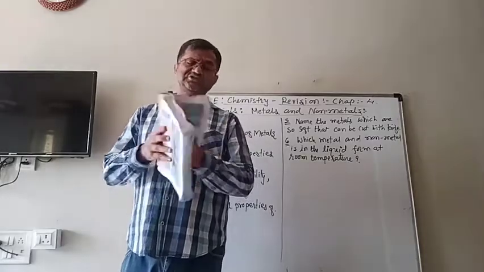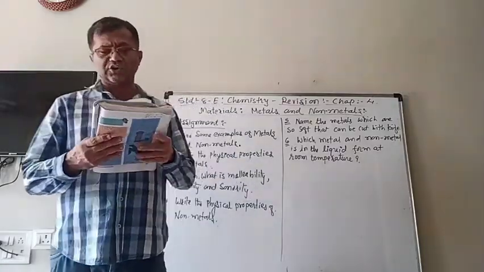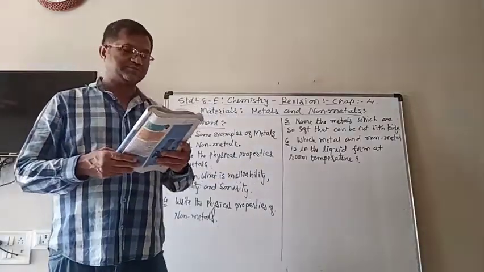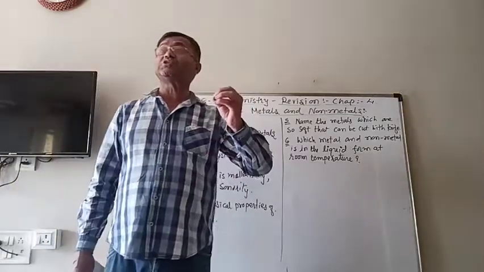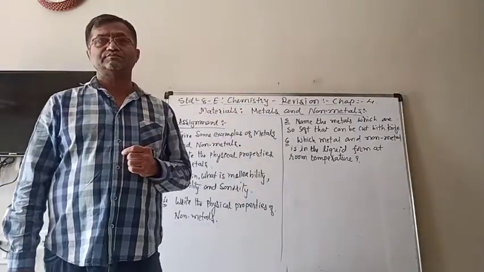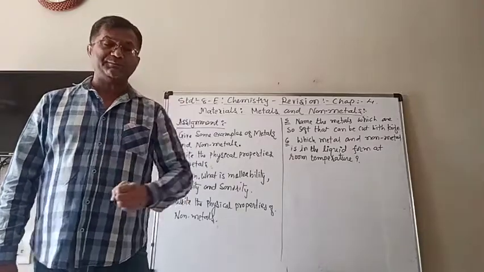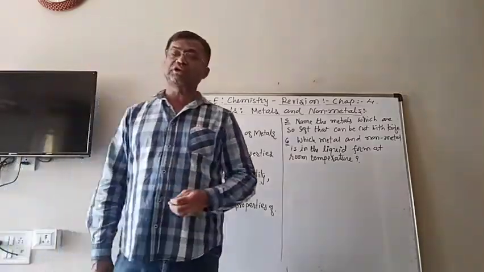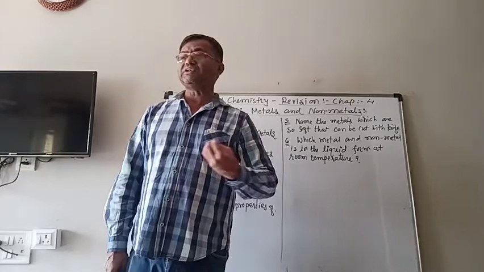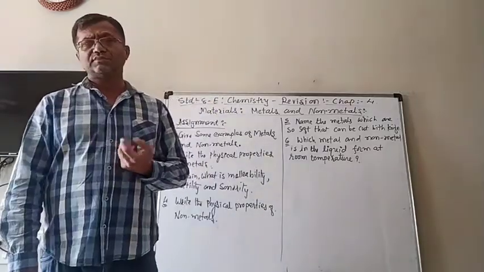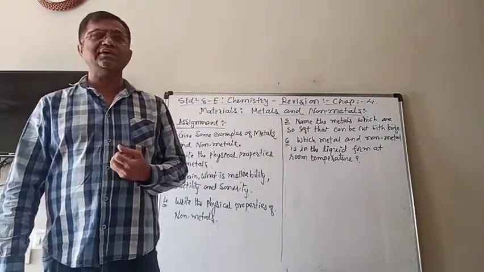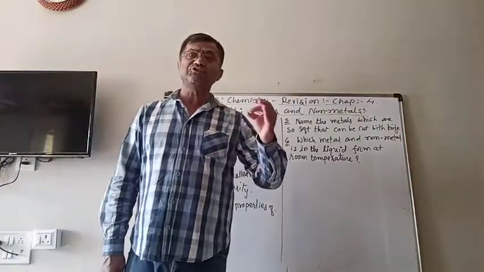That producing of sound is known as sonority. So metals produce a ringing sound. If you drop a coin and a piece of wood, which will give you a ringing sound? That will be the coin, because it is made from metal.